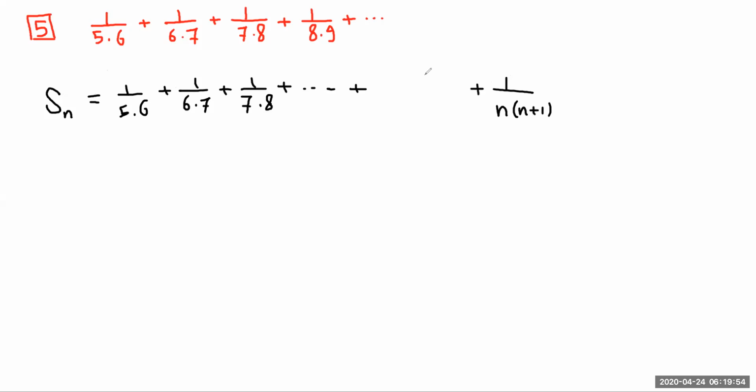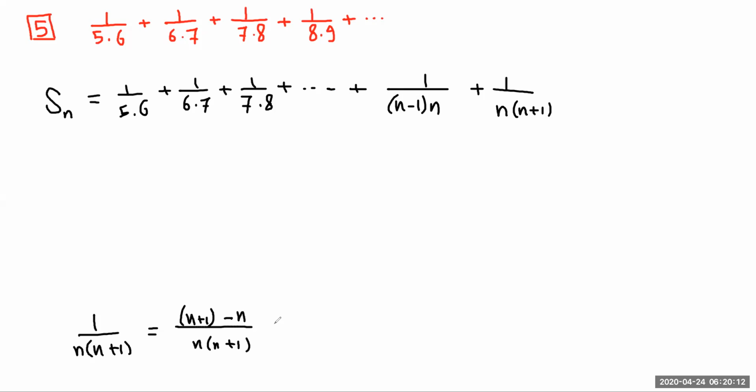So before this term, we have n minus 1 times n. So remember that 1 over n times n plus 1 could be written as n plus 1 minus n divided by n times n plus 1. So I can write 1 over n minus 1 over n plus 1.